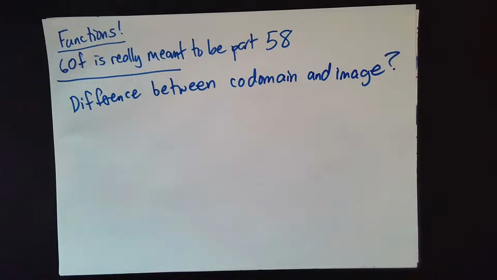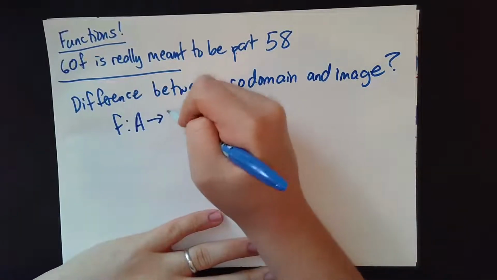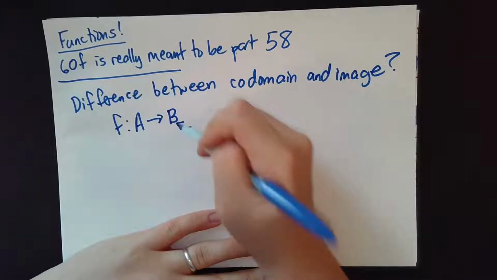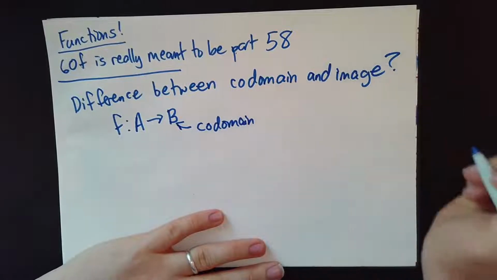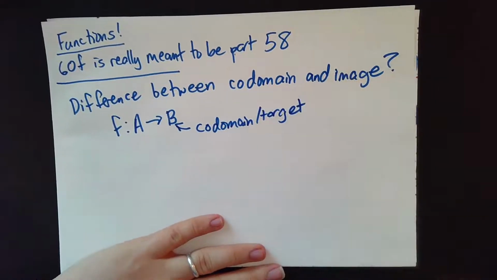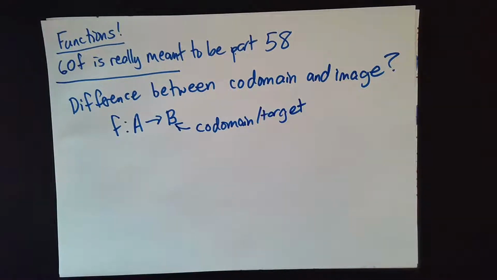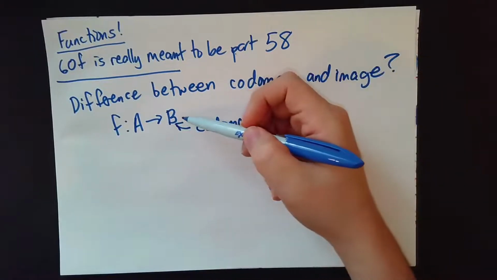When I write down a function, the B that I put here just is the codomain. Sometimes it's also called the target, which, if you think of functions as fundamentally being a set of arrows that are originating in A and landing in B, B is the target. It's where all the arrows are landing.